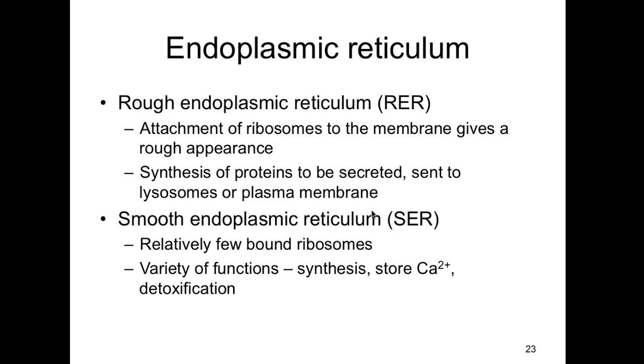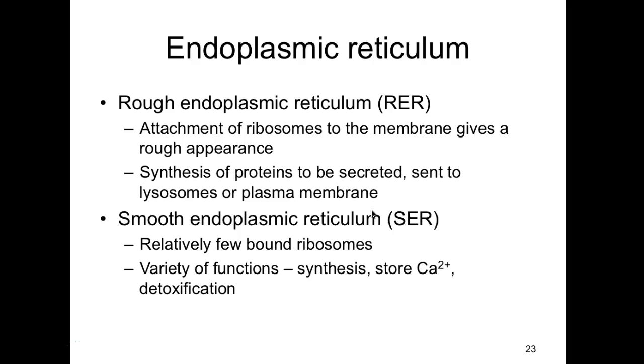So the cells that make up our gonads, testes and ovaries, are going to have a greater abundance of smooth endoplasmic reticulum. Smooth ER also plays a role in drug detoxification, or detoxification itself. So our liver cells are going to have a greater abundance of smooth endoplasmic reticulum.